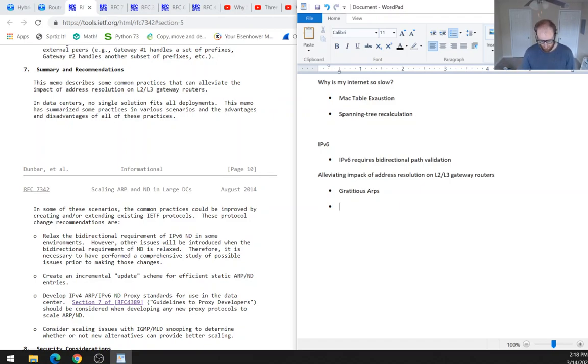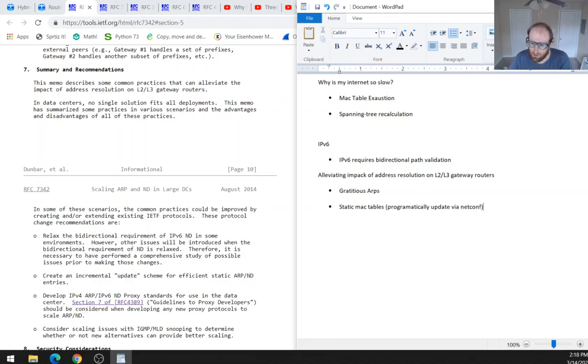Another way is static MAC tables, and you can automatically update them via NETCONF or some other tool.